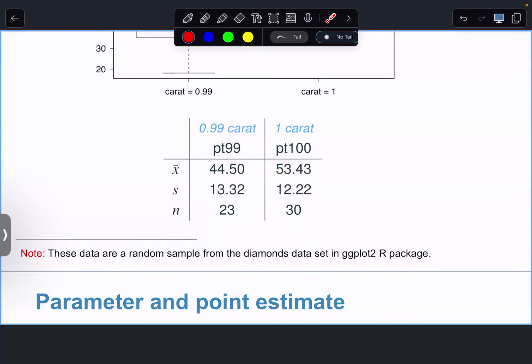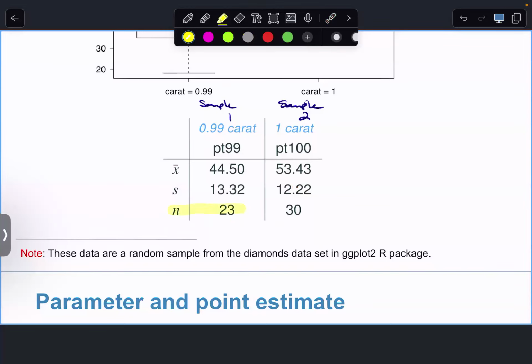And so if we call the 0.99 carats sample 1 and the 1 carat diamond sample 2, or group 1, group 2, then just looking at these averages, 53.43 is more than 44.50. But we want to know if it's significantly more than 44.50. There's wiggle room because we have these standard deviations for both groups, and we have relatively small sample sizes.